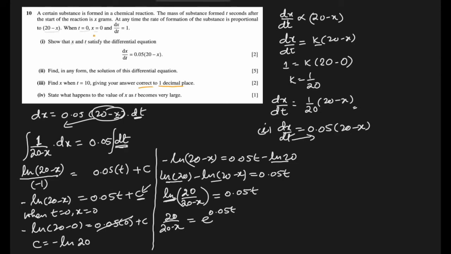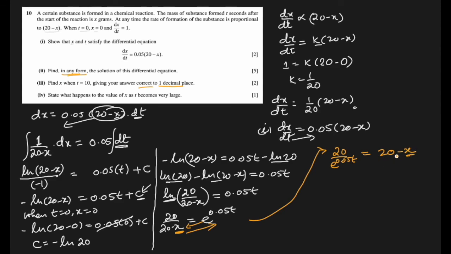And they said find it in any form, but let's try to simplify it by isolating x. So this 20 minus x will go here and e will come down, so it will be rearranged like this. 20 divided by e to the power 0.05 t will be equal to 20 minus x.